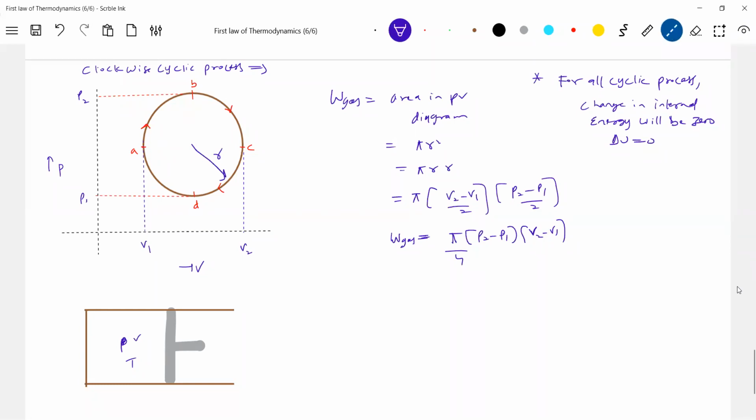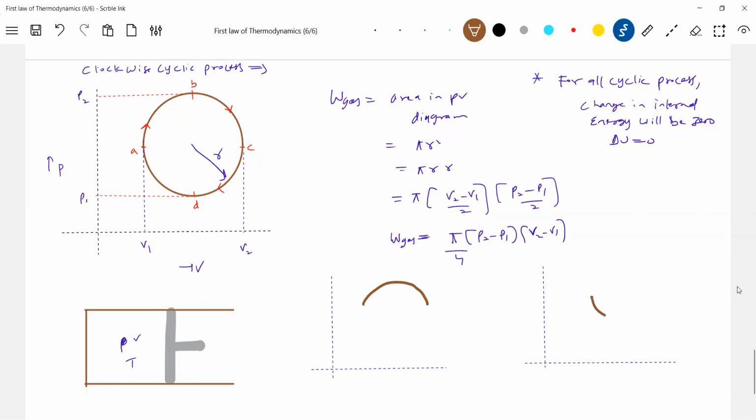Okay, let's do one thing. Since this is the first time, we'll try to have a firm conclusion so that it will be easy for us. Look at the area, no?